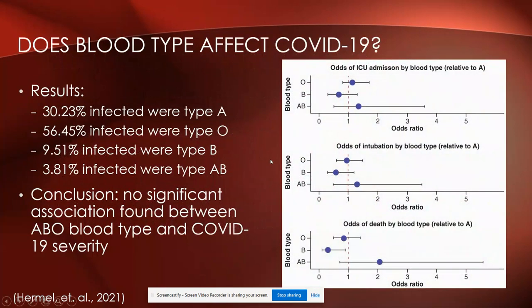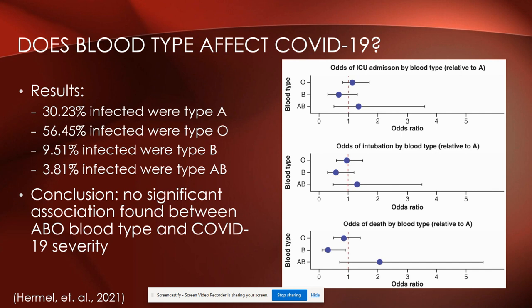And this is where we start to get our results. So the results showed that 30.23% of those infected had type A, 56.45% had type O, 9.51% were type B, and 3.81% were type AB. And so this might sound like, oh, there's an effect, but when you start to look at phenotypic ratios and percentages within populations as a whole, this tends to be on trend with what we're seeing.